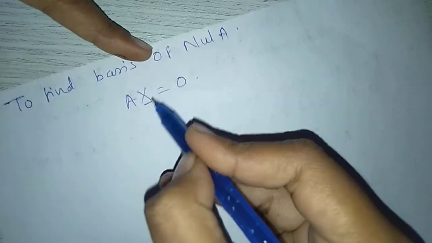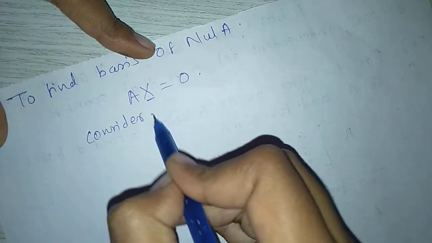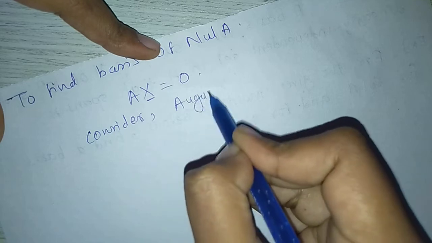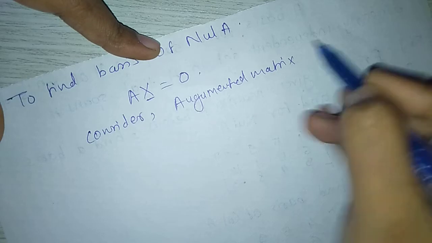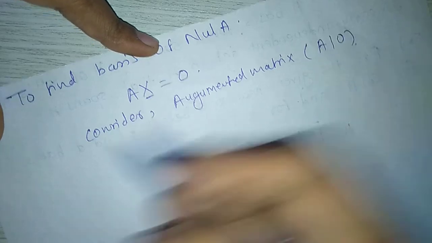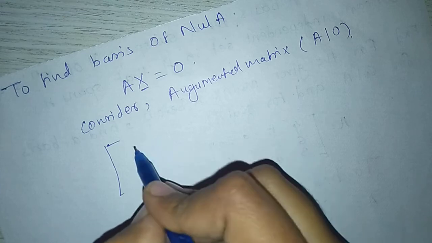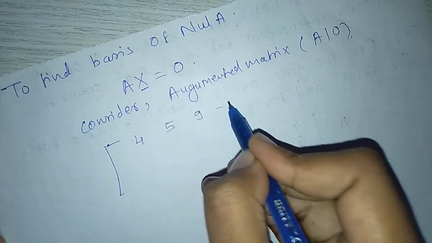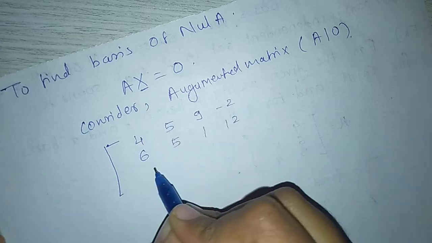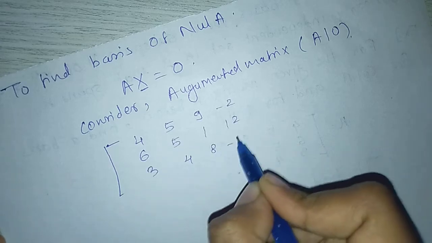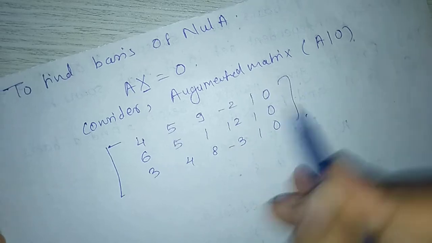To find x, consider augmented matrix [A | 0], where 0 means null matrix, which is nothing but the matrix with rows 4, 5, 9, -2; 6, 5, 1, 12; 3, 4, 8, -3 augmented with 0, 0, 0.